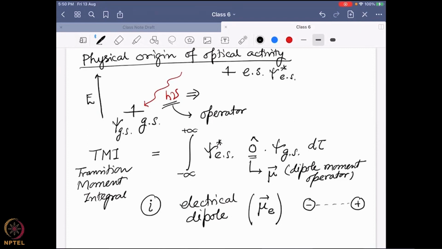But this is not the only thing. The other thing which can affect it is the magnetic dipole moment. So there is a possibility you can have a magnetic dipole moment. Obviously, when you are talking about electromagnetic radiation, it also has a magnetic component. Although it is pretty weak, as we just said, the magnetic field intensity is weak, but it is a non-zero entity.